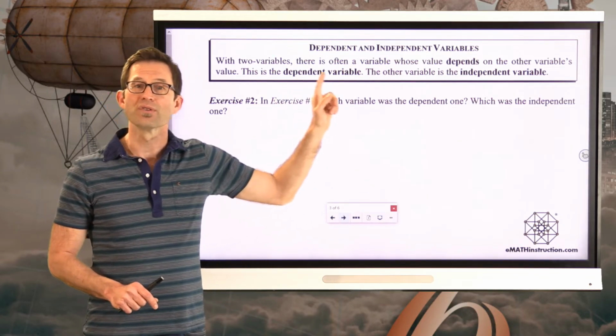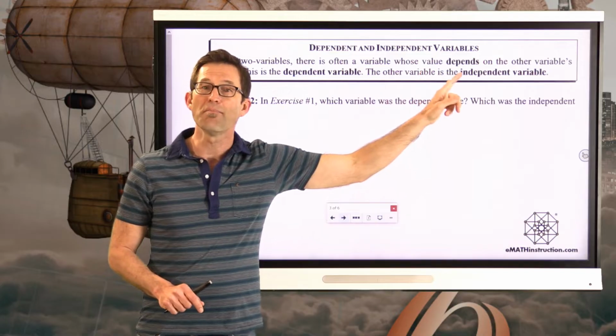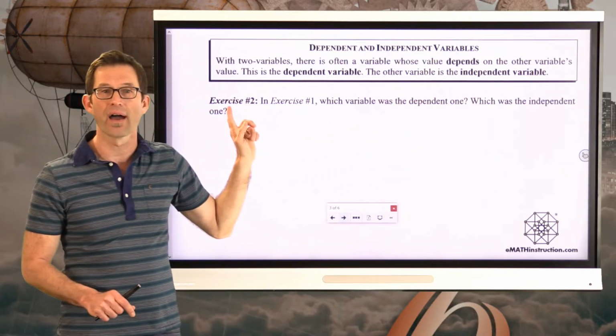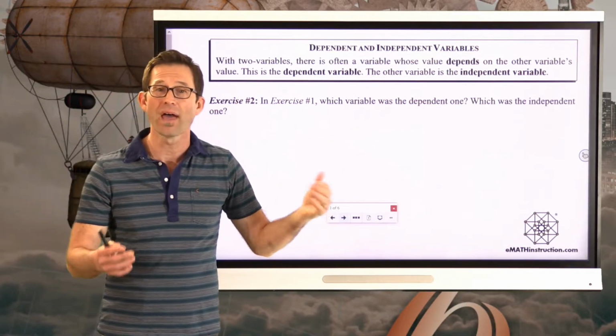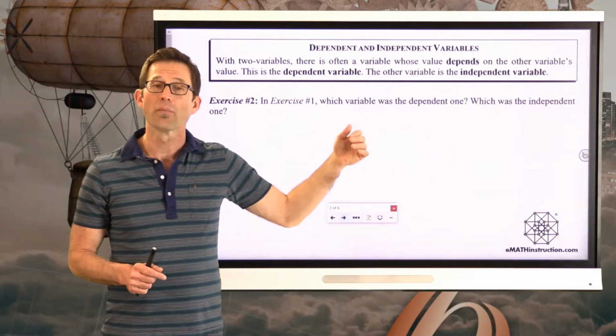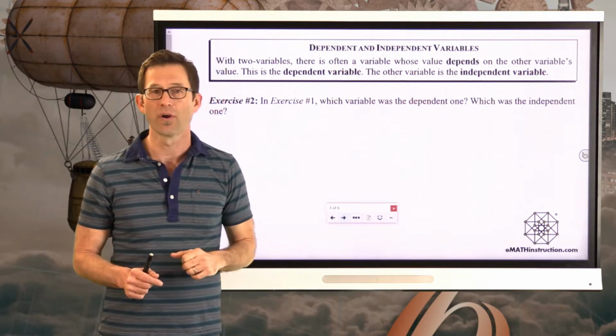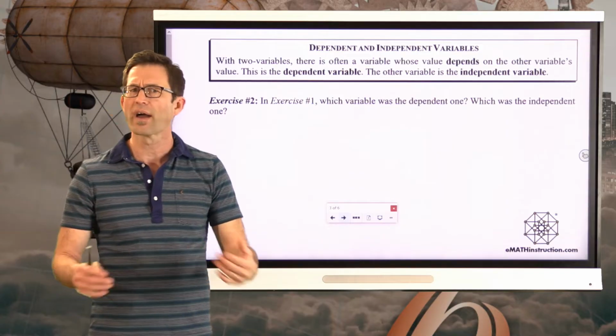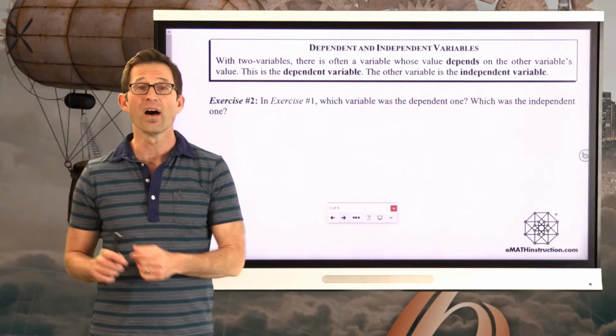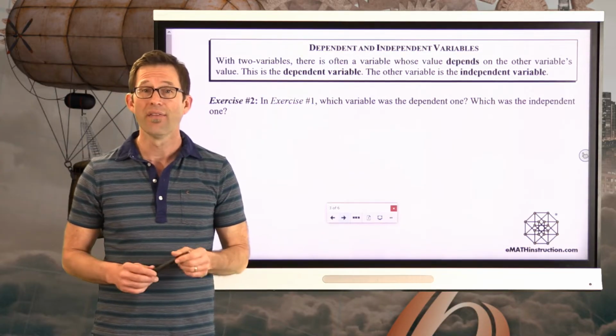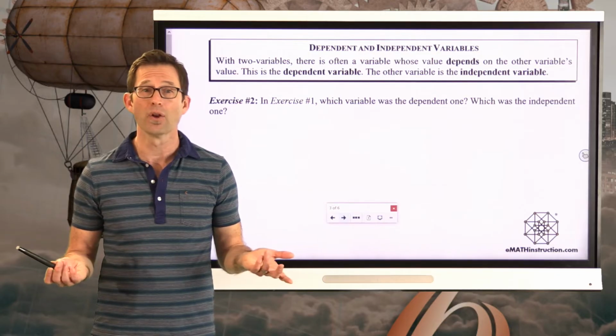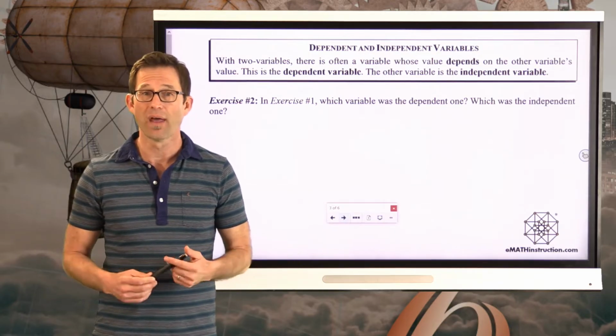So with two variables, there's often a variable whose value depends on the other variable's value. This is called the dependent variable. The other variable is called the independent variable. So the one whose value depends on the other one, that's dependent. And the one that's just like, man, I'm happening no matter what, that's the independent variable.